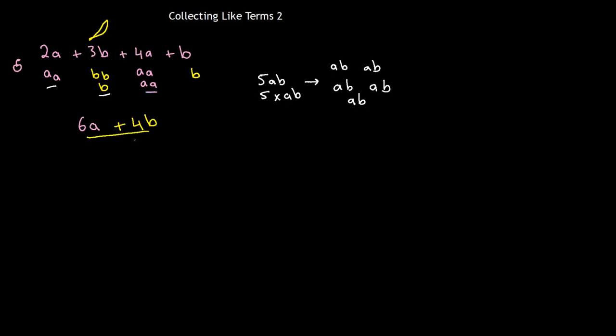Now let's look at another example. This time we're going to have 3p plus 4q take away 2p plus 2q. What we have to be careful with here is that we have a negative sign in the middle. The way we're going to go about it is to circle all the like terms.